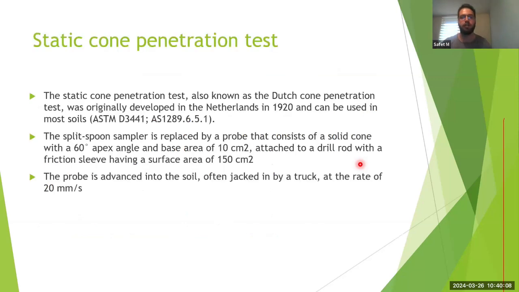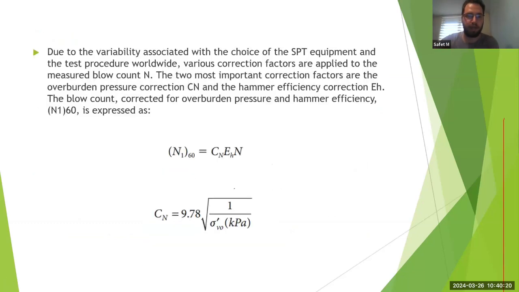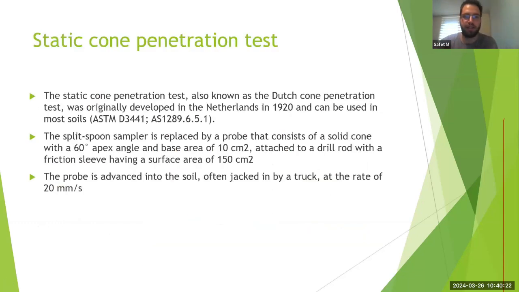Also, what you can see in standards would be the most basic correlations that you can get from those tests. Moving forward, we are also looking at the static cone penetration test.